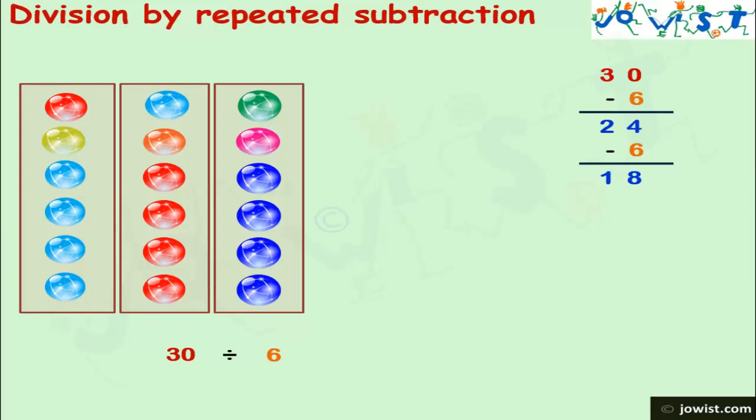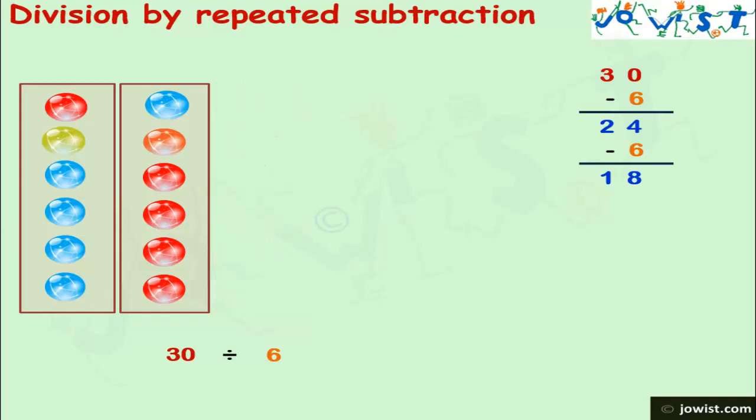Therefore, 18 marbles are left now. Let's take the third group away. We have taken 6 marbles away. Let's subtract it from 18. 6 subtracted from 18 is 12.